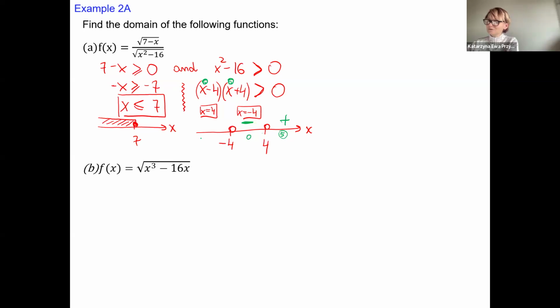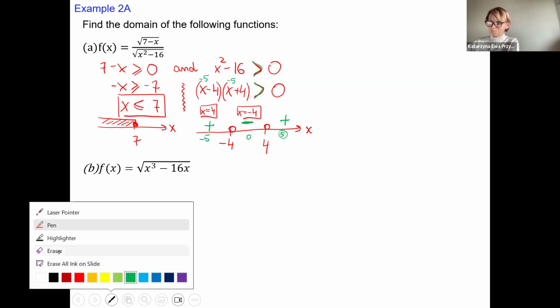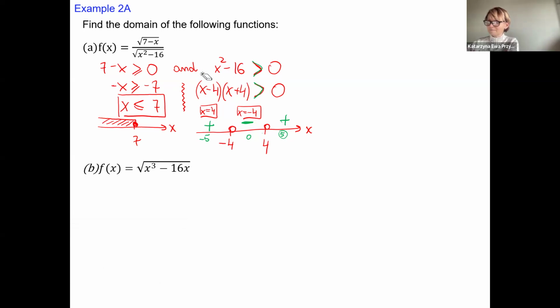And when we substitute, for instance, negative 5 minus 4, and negative 5 plus 4, negative times negative is positive. And we're looking for the positive. Greater than 0 is positive quantity. That means we will have from negative infinity to negative 4, and from 4 to positive infinity.